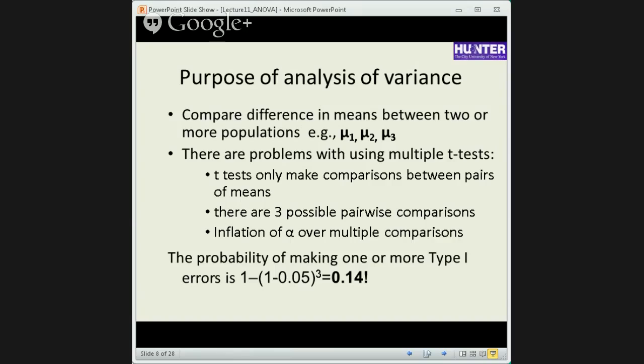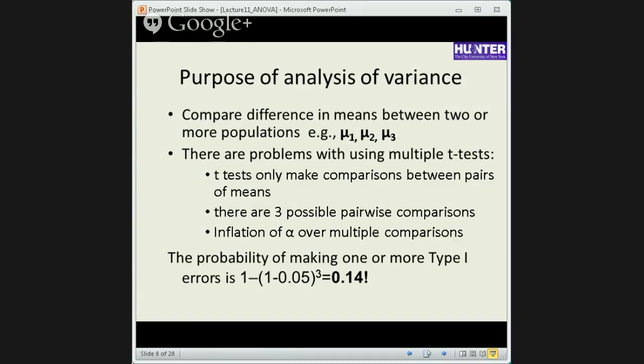So that's your probability of never having any type 1 error, and your probability of having it at least once is going to be 1 minus that, and it's 0.14. So even though you set alpha equal to 0.05, you end up with an overall type 1 error rate of 0.14. And this is a problem that we refer to as multiple testing.